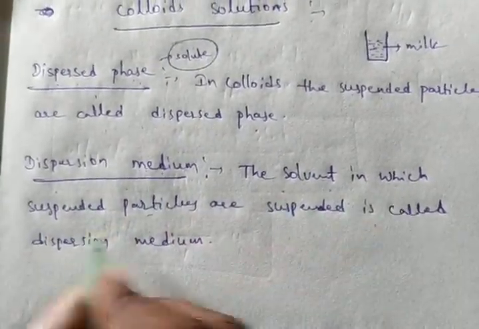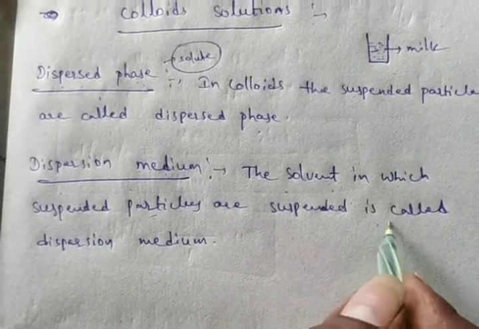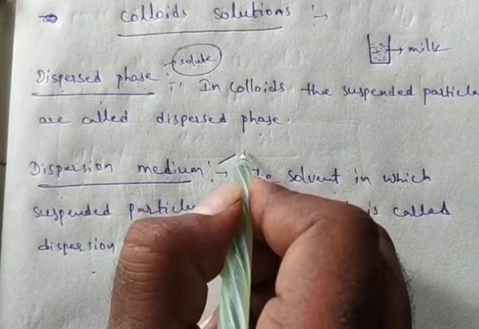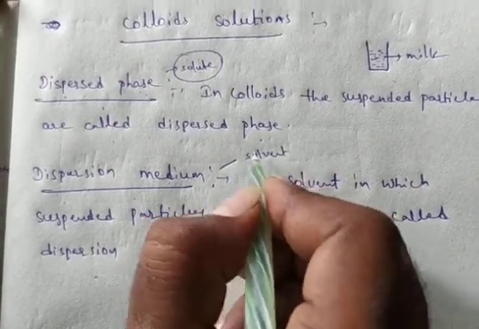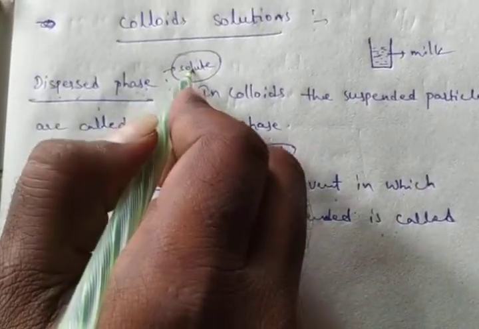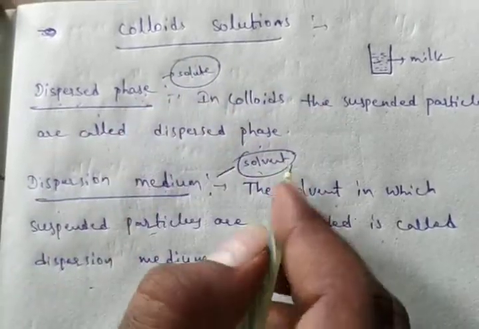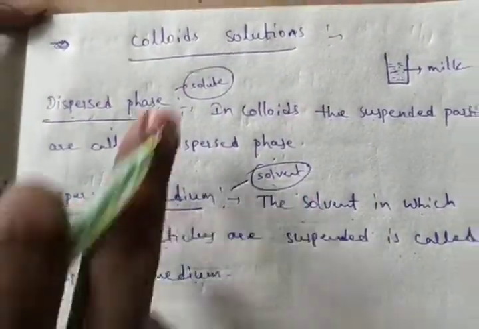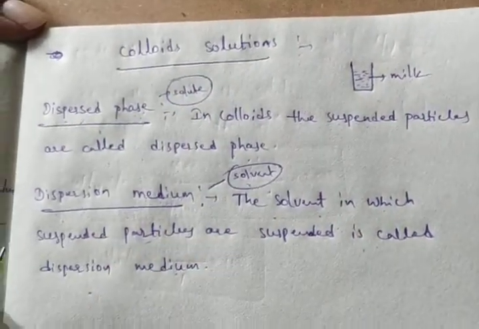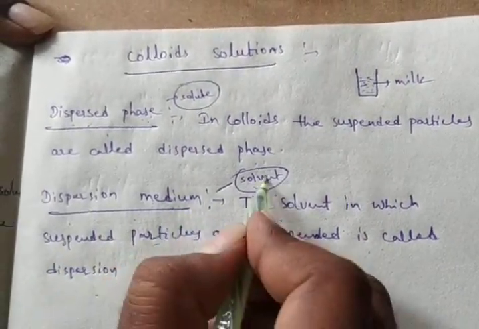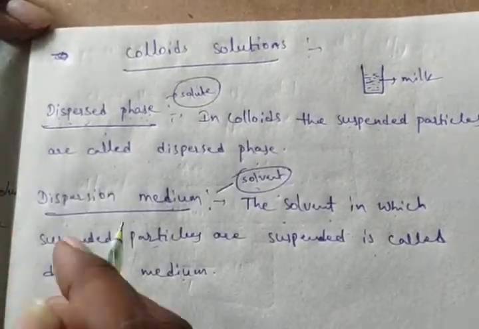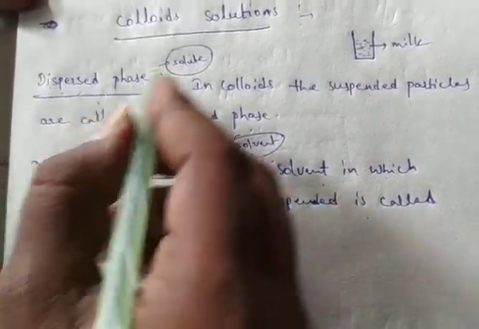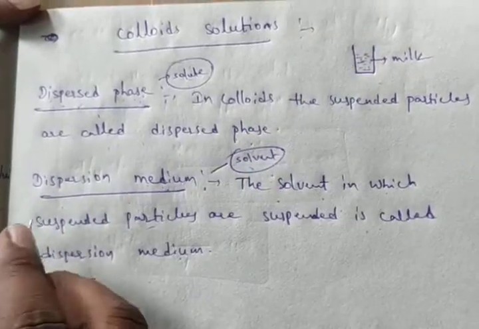The solvent in which suspended particles are suspended is the dispersion medium, so dispersion medium means solvent. Solute particles are suspended in solvent. The best example of a colloid is milk.